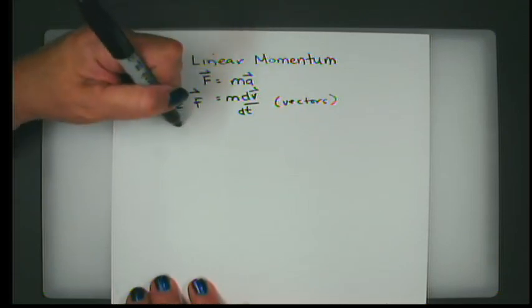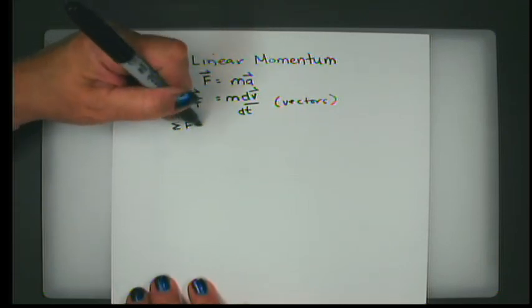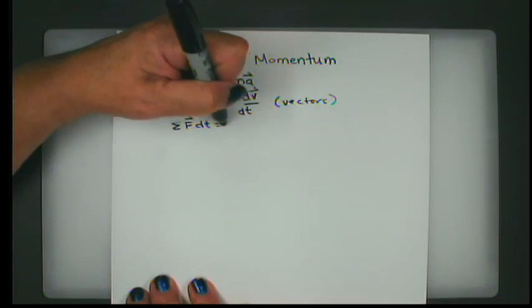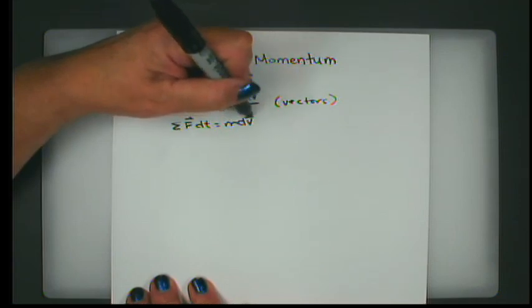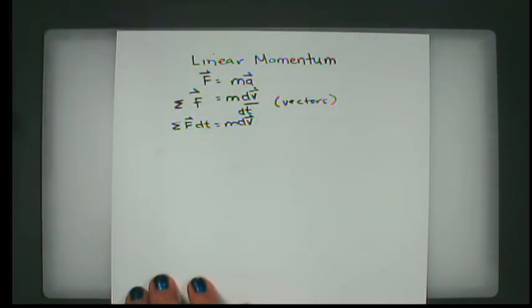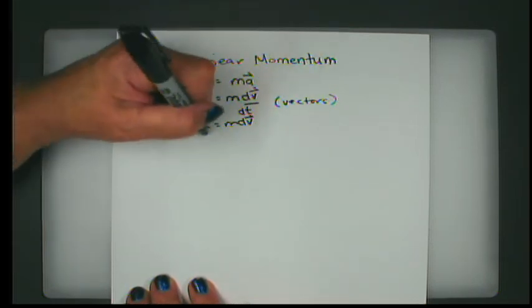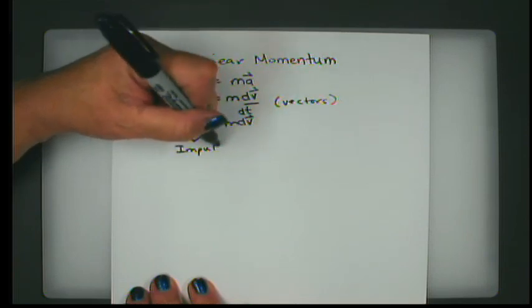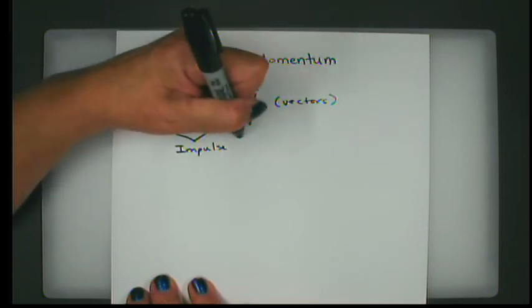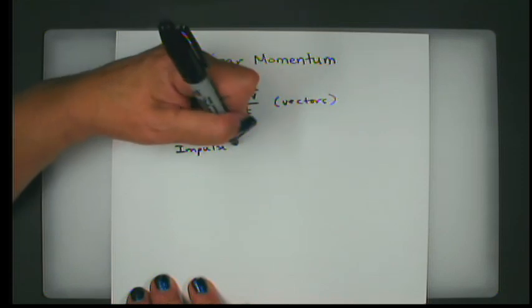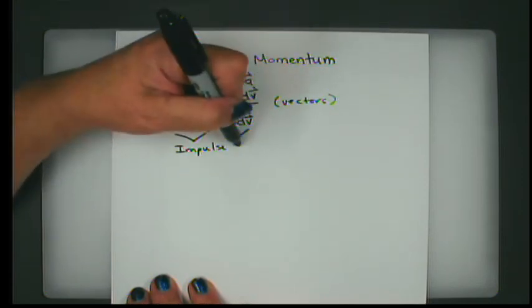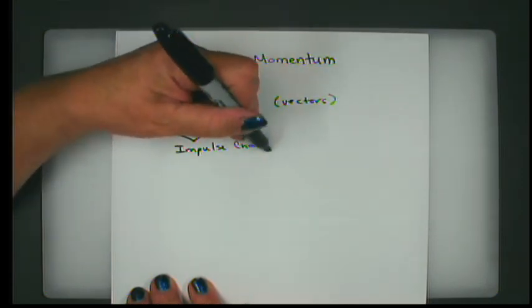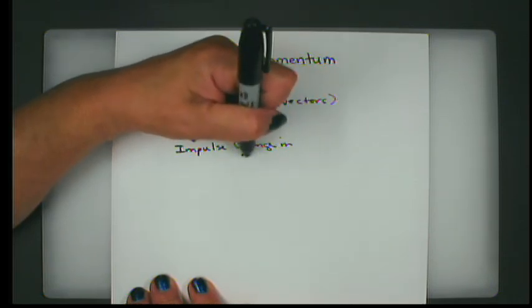Now, another way to think about this, if we separate this equation, we can say that the summation of forces times dt, and this is referred to as an impulse, the force times time, is equal to m dv, and m dv is the change in momentum.